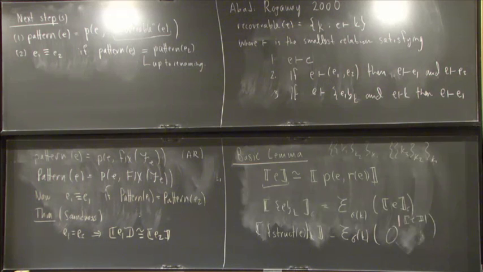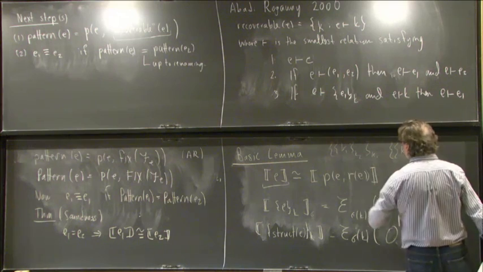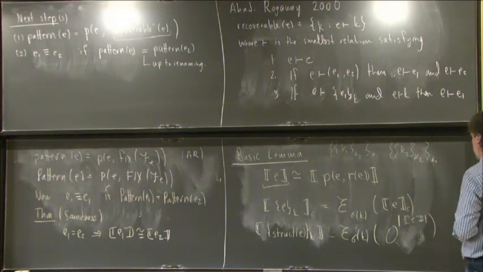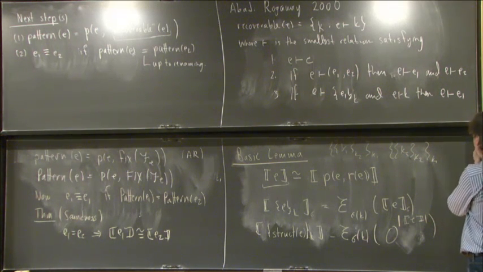The interpretation of the code. I see, so R of E here. All right, so what's the problem here?